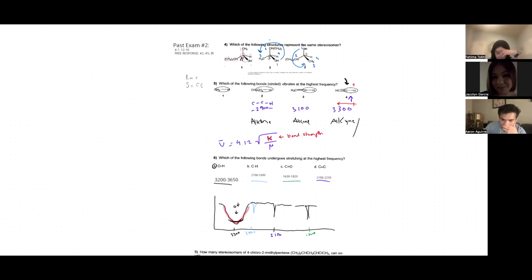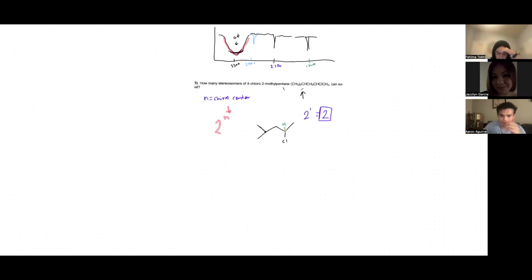12 is, what is the hybridization of carbon atoms labeled 1, 2, or 3 in the following structure? This should be free points, y'all. No one should miss these. Should I try to draw it? Okay, we can go like this.